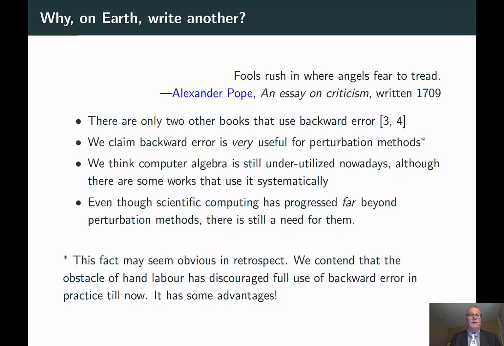We claim backward error is very useful for perturbation methods, and we think computer algebra is still underutilized for perturbation methods, although there are some works that use it systematically, and of course, there have been some that have been using it systematically for a long time. And finally, even though scientific computing has progressed far beyond perturbation methods, there is still a need for them.